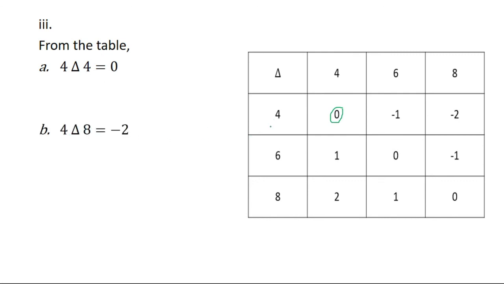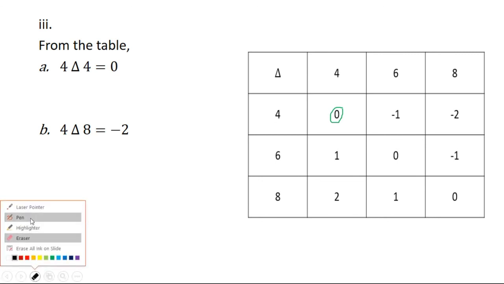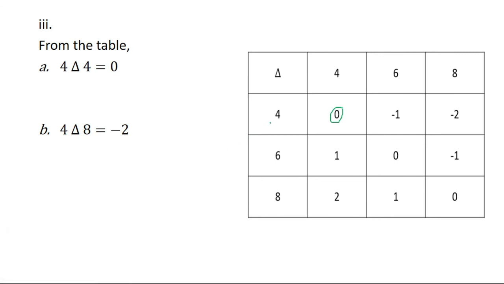So from here, this is what you are going to do. You read 4 delta 8. So 4 delta 8 will give us negative 2. So we pick negative 2.